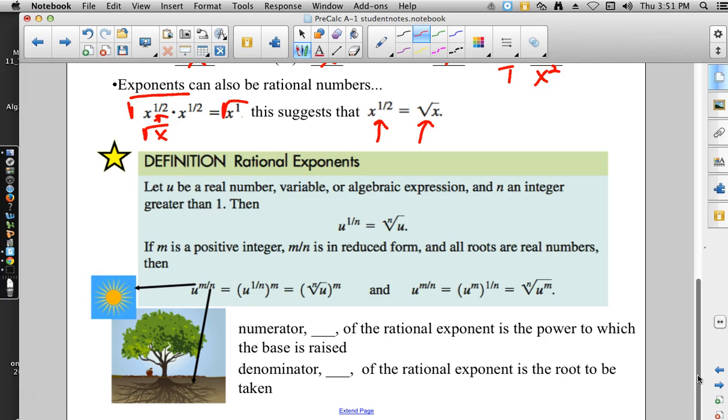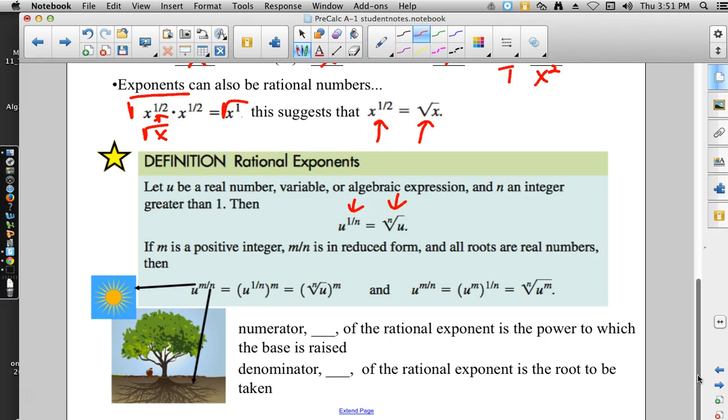So the definition of rational exponents is: let u be a real number, variable, or algebraic expression, and n an integer greater than 1. Then we can interchangeably use the rational fraction exponent for what we're using radicals. Those are interchangeable. They are equivalent.